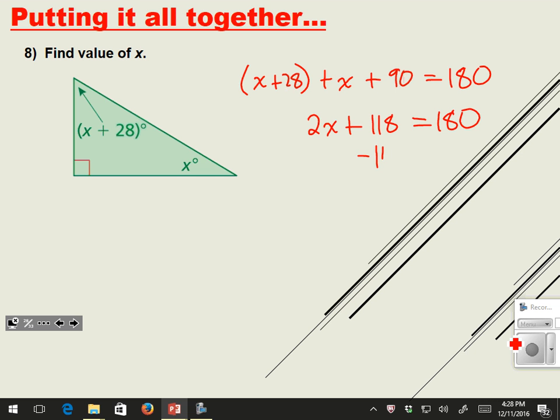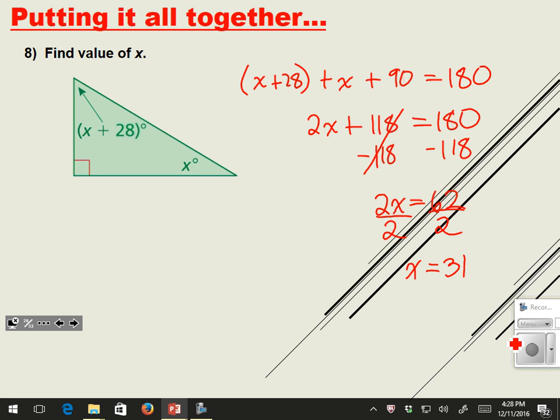I subtract 118 from both sides. I then get 2X is equal to 62. After I divide both sides by 2, X is equal to 31.